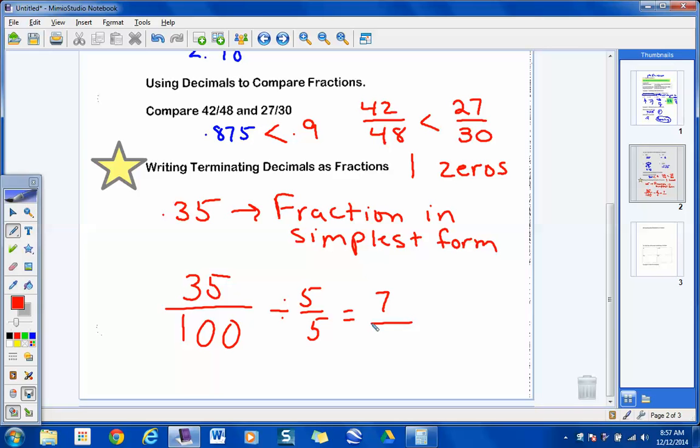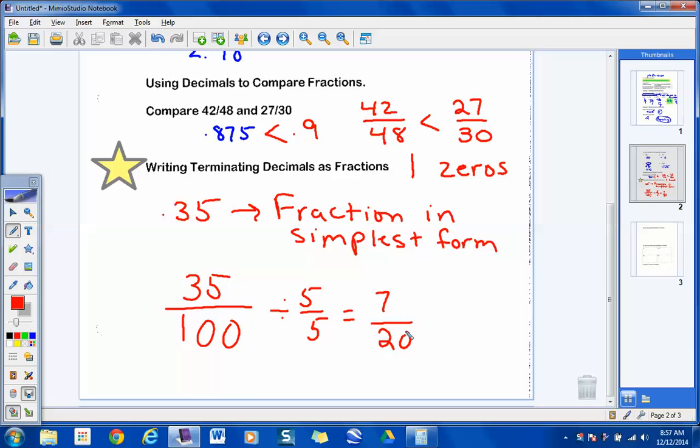Now look at your fraction, 7 over 20. Can I go any further there? No, you can't go any further on 7 over 20. So what's 0.35 going to look like in simplest form? 7 over 20, right?